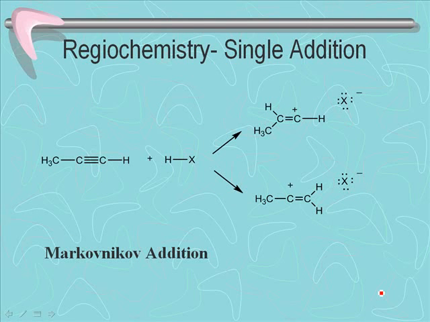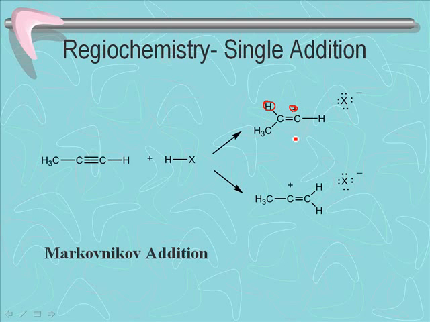Let's now take a look at the origin of the Markovnikov addition to alkynes. When we react an alkyne with HX, we can generate two possible carbocation intermediates. One mode of addition would involve the addition of the hydrogen to the more substituted carbon of the alkene. This gives us then the less substituted carbocation.